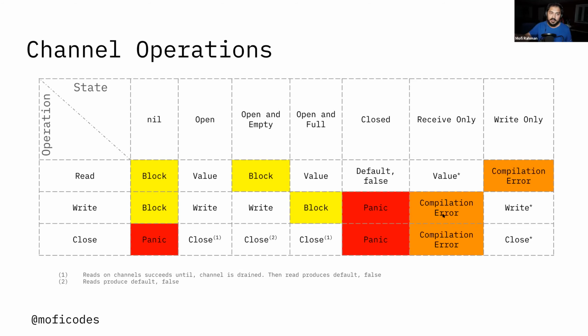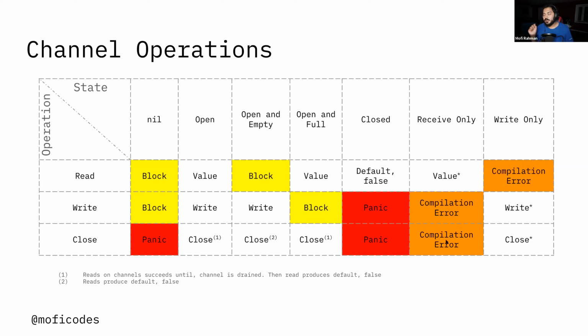If you write code that hits any of these cases, your compiler or your IDE, depending on what kind of IDE you use, will tell you this is not a good piece of code. And these ones make a lot of sense if you read through them. The state is receive only. If you try to write to a receive only channel, obviously that's going to be a compilation error. If you try to close a receive only channel, that is also a compilation error.